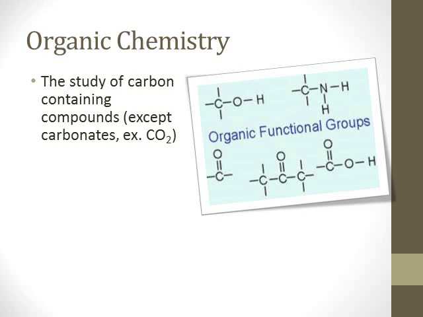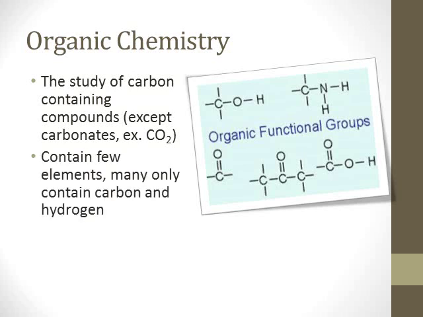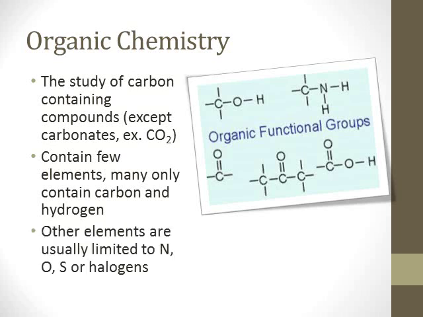By definition, organic chemistry is the study of carbon containing compounds. We do not include the carbonates, and you are all familiar, at least somewhat, with carbonates from grade 10, where it was part of our Nick the Camel. Organic molecules tend to have carbon and hydrogen, and then only a few other elements such as nitrogen, which we'll see quite a lot in our amino acids, our proteins, when we look at our biomolecules.